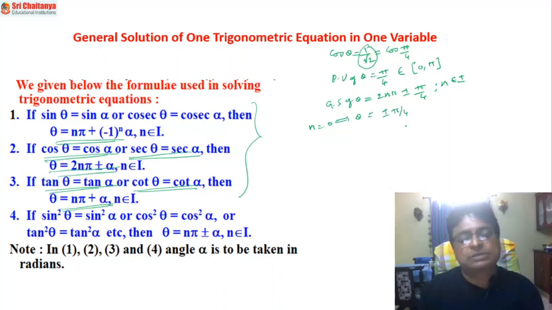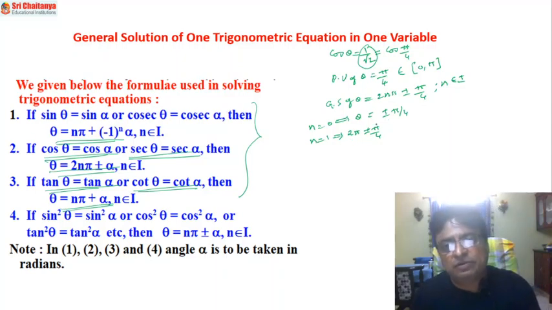Cos pi by 4 is 1 by root 2, and cos of minus pi by 4 is also 1 by root 2. If n is equal to 1, then 2 pi plus or minus pi by 4, that is 7 pi by 4 and 9 pi by 4.